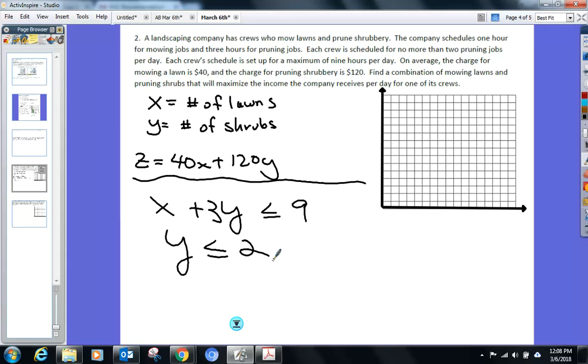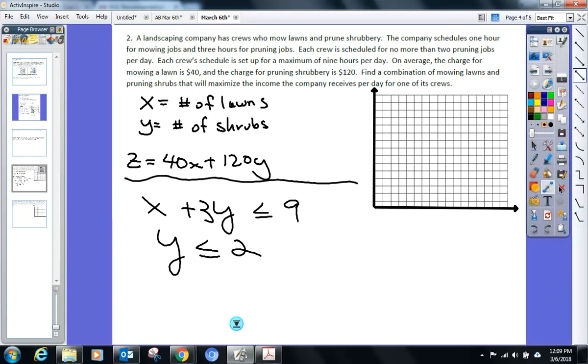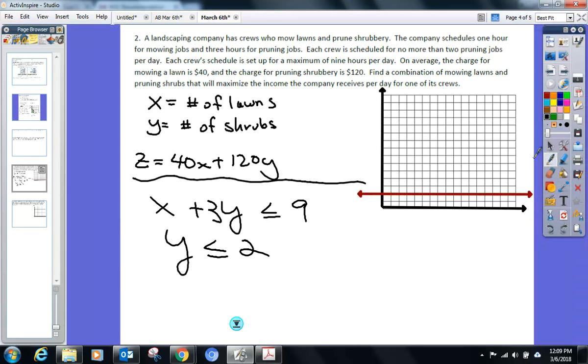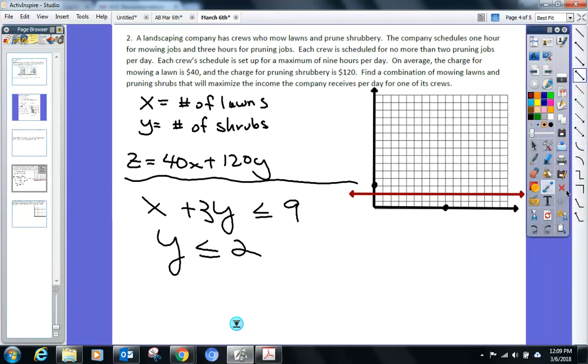So go ahead. Let's see you graph those inequalities. Make sure you label at least one of your lines.